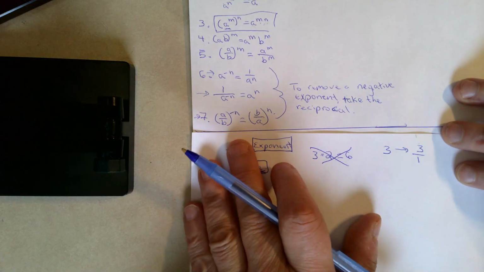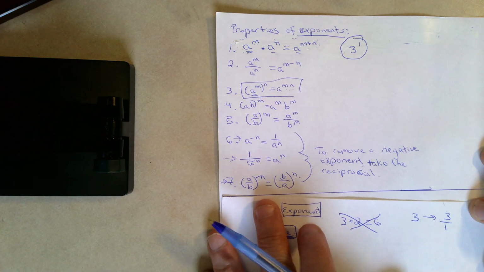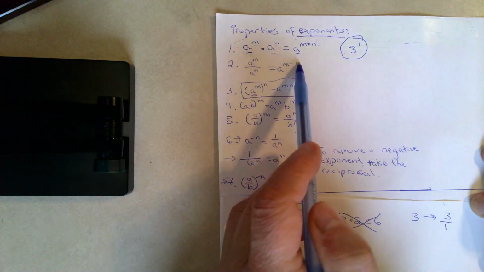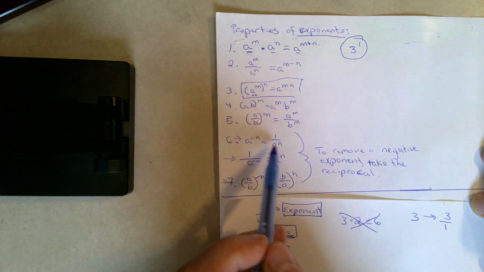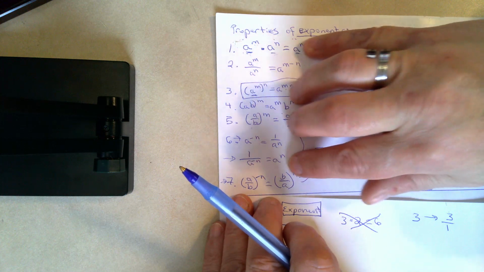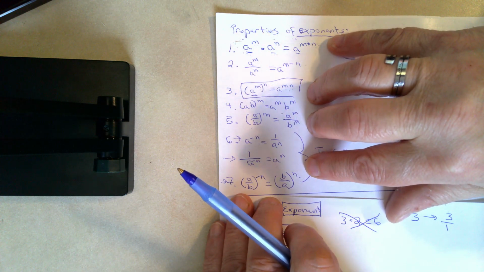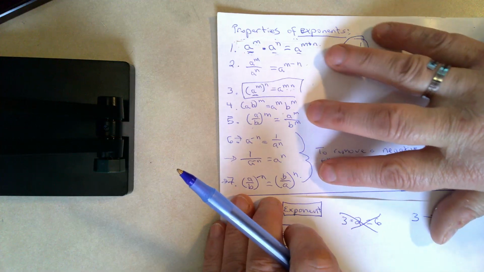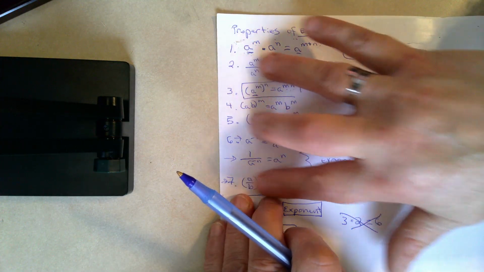Okay? Now, when we're doing stuff with this, we go back and forth from each side of the equal sign all the time. A lot of people only remember these things this way. But the beauty of this and the real useful part of this in mathematics comes from using it both ways.